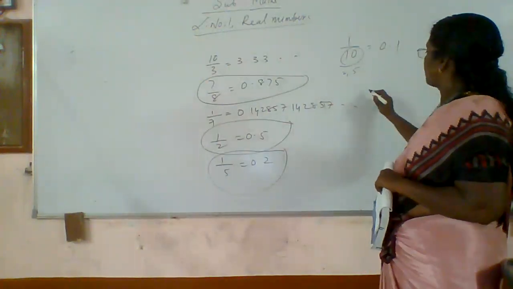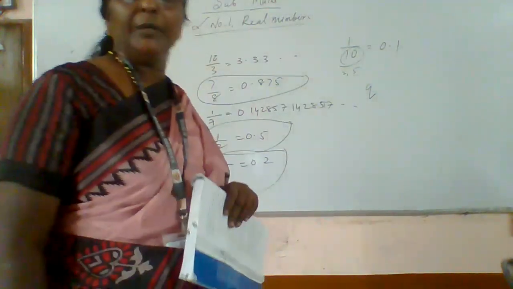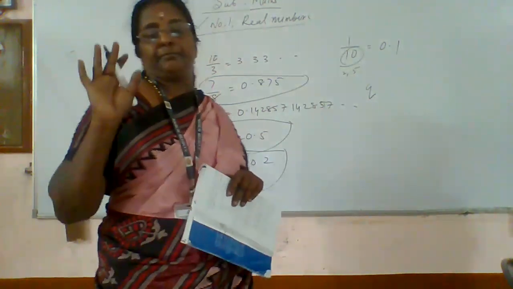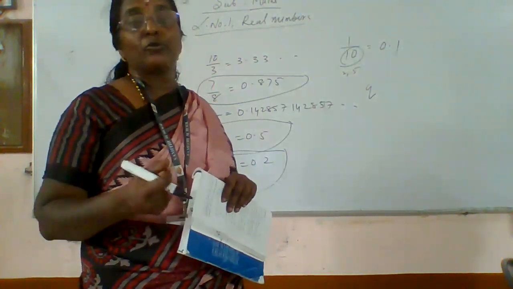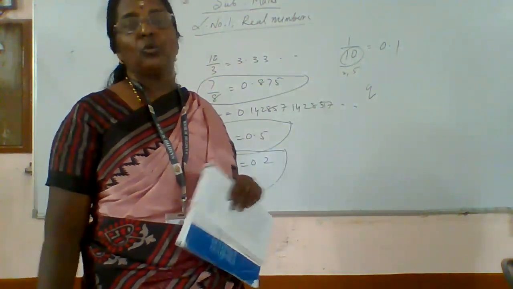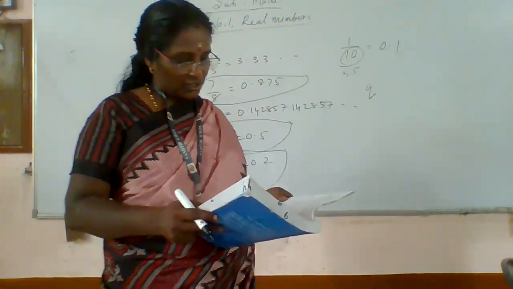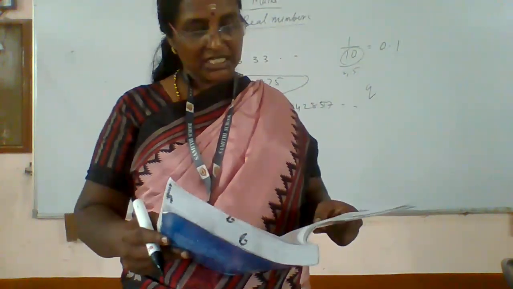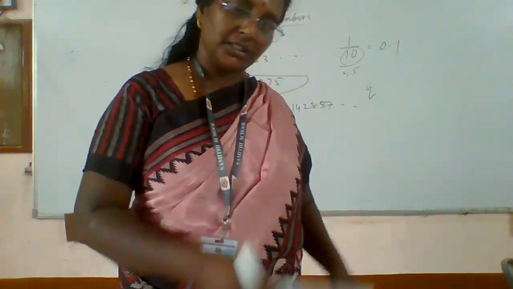Therefore, the property of Q must be that Q will be either 2 or 5 or 2 and 5 only. 2 alone is possible, 5 alone is possible, and 2 and 5 both are also possible. Therefore, the factors of Q will be either 2 or 5 or 2 and 5. Clear?